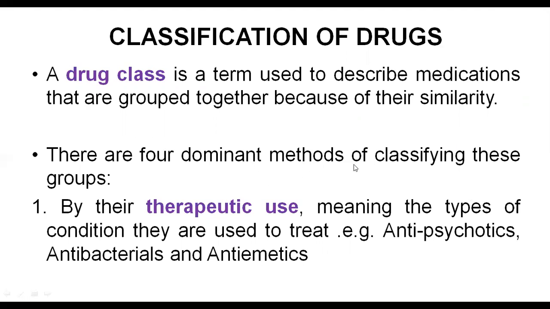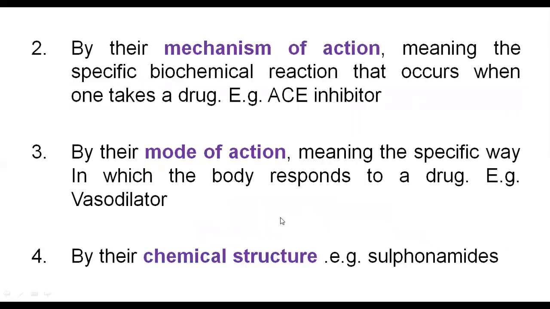Now, there are four dominant methods of classifying drugs. Firstly, drugs can be classified by their therapeutic use, meaning the types of conditions that they are used to treat. For example, if these drugs are used to treat psychosis, they'll be called antipsychotics. If they are used to treat bacterial infections, they'll be called antibacterials. So that is classifying drugs by their therapeutic use.